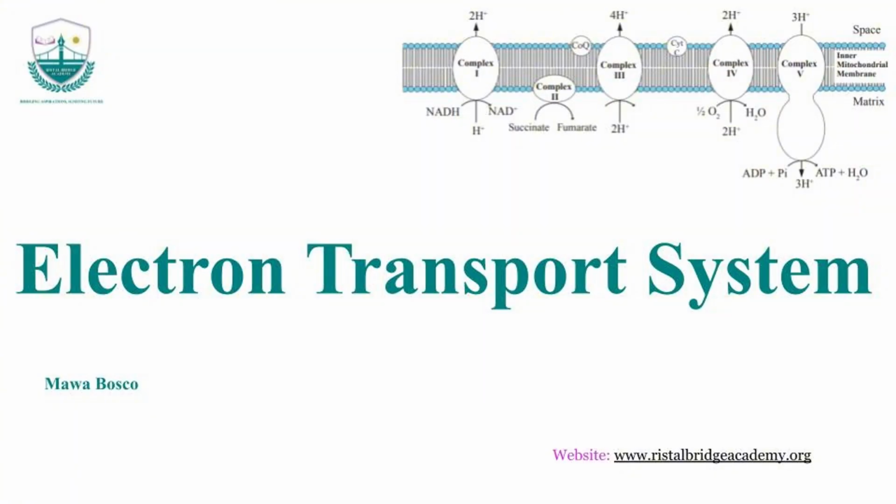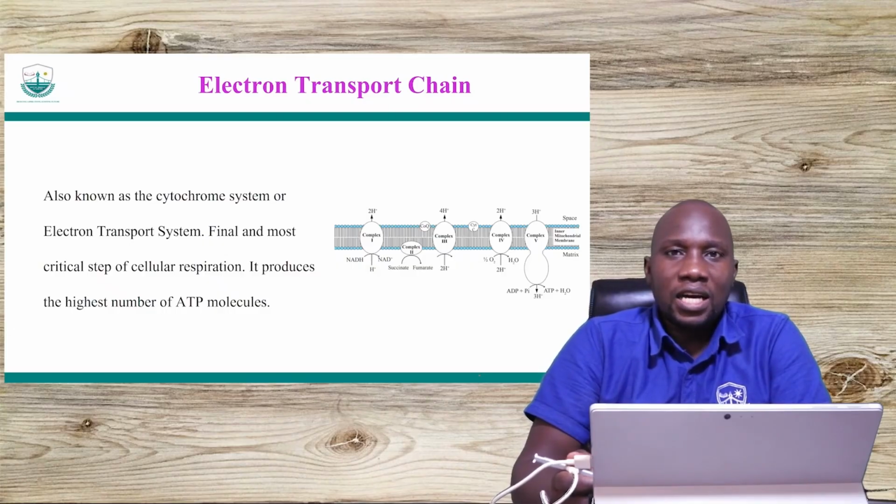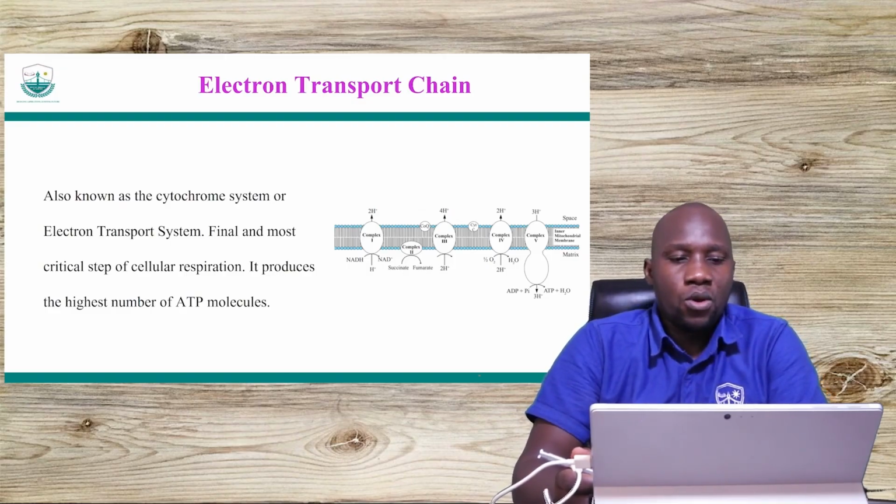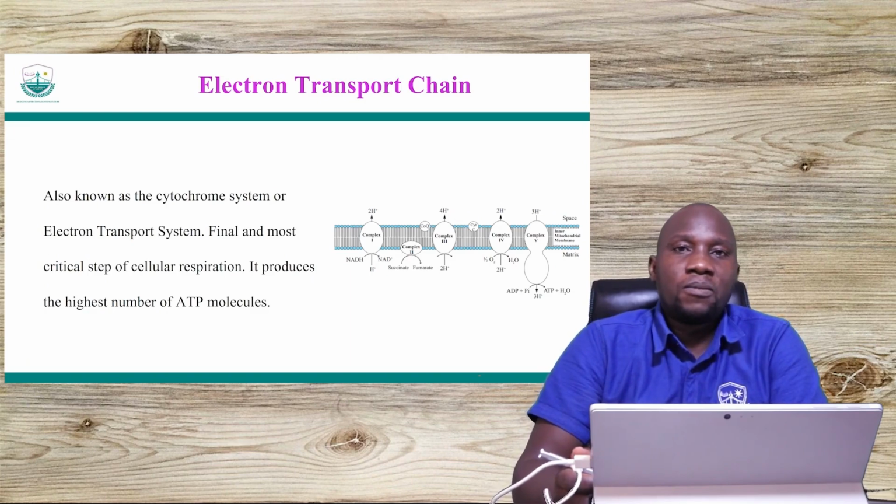The first thing that you need to note is the naming of the electron transport system, or the electron transport chain. It has several names. So far you have heard of 2: electron transport chain and electron transport system. But we also call it the cytochrome system, because eventually you will see the cytochromes coming in.